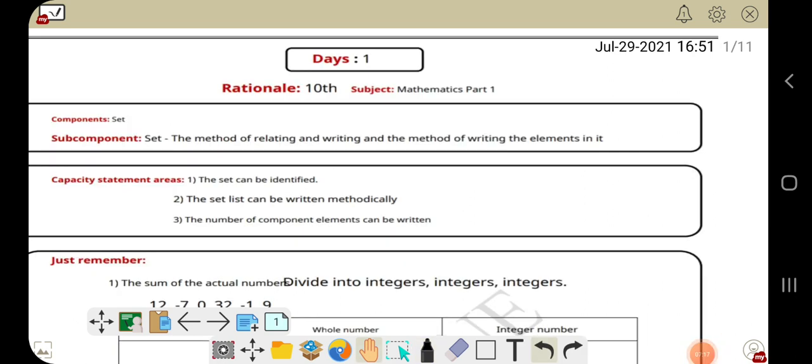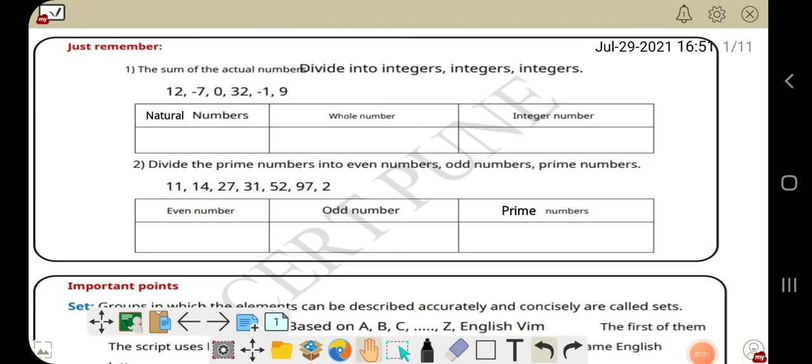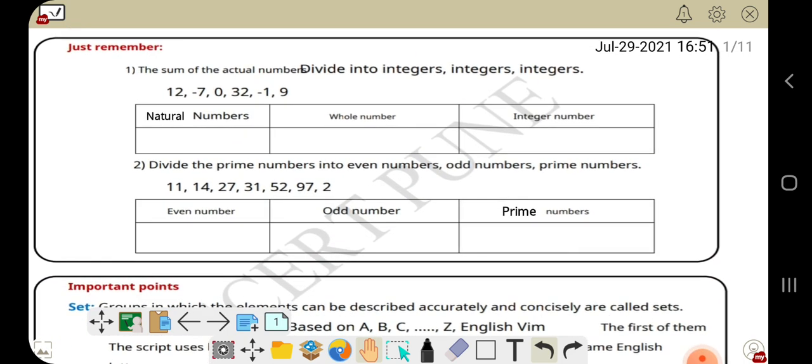Now see, day first of your bridge course, classification of numbers is given. We just have learned the definition of natural numbers, whole numbers, integers, even numbers, odd numbers, and prime numbers. Okay, now it is very easy to classify these numbers. Let's start.